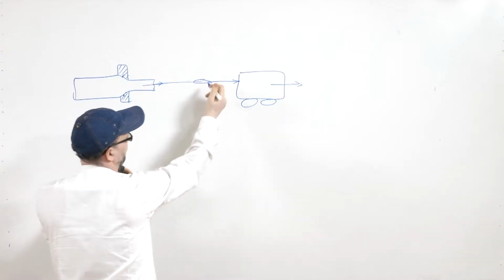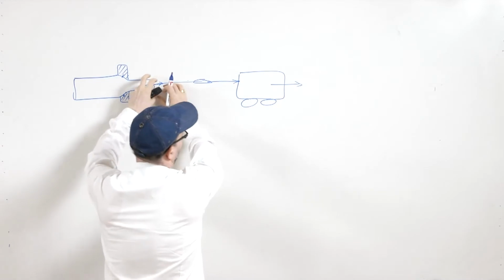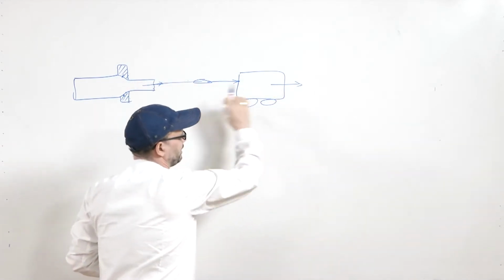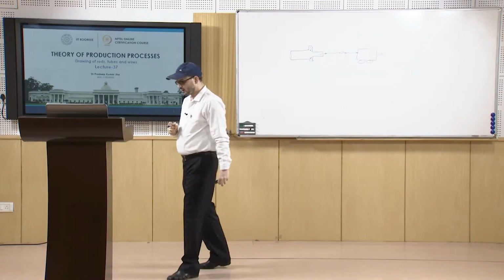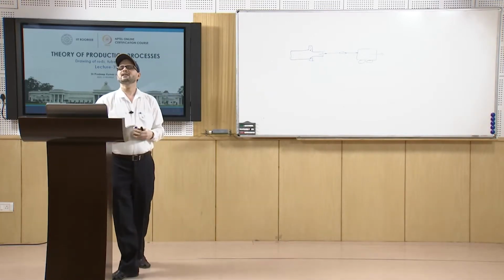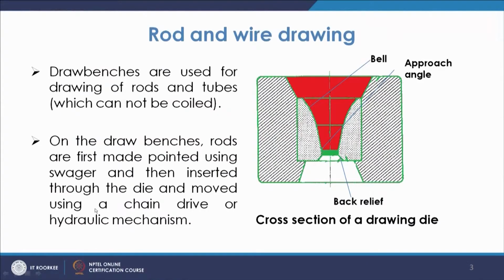So, you have a gripper or a jaw, and with this you can pull it. This pulling action takes place, and that basically is done using the chain drive or the hydraulic mechanism you have. So, using that chain drive or hydraulic mechanism, you can do this pulling operation.